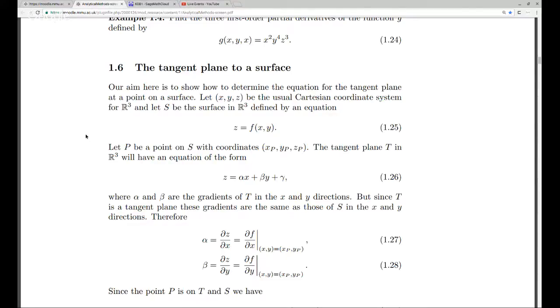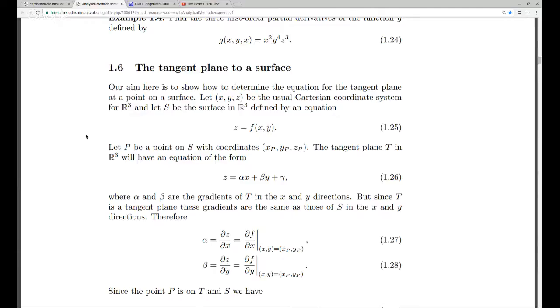Any plane in R3 can be described by some kind of equation like this: a linear equation in the three variables x, y, and z, with fixed real coefficients, some constant term, and this equation equal to 0. Okay, so this is what's sometimes called the Cartesian equation for a plane in R3.